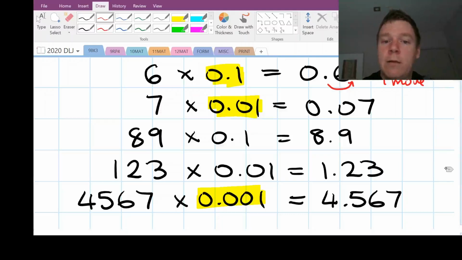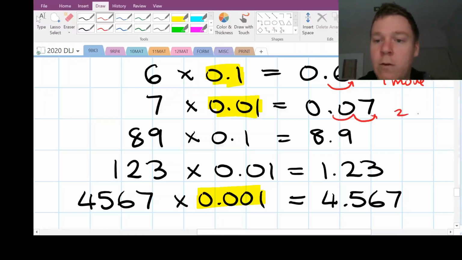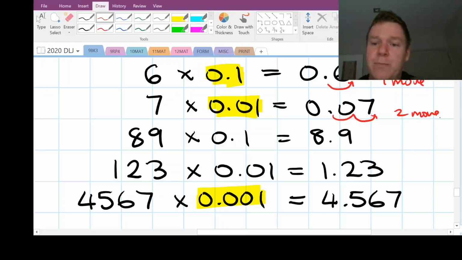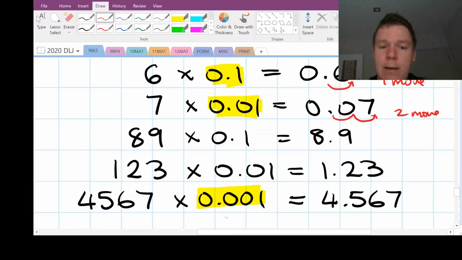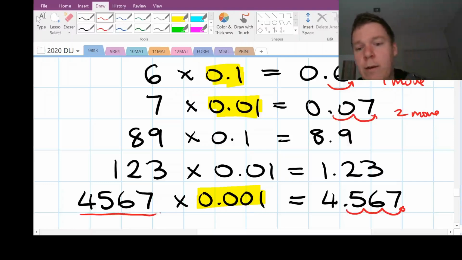Multiplying by 0.01 has the effect of moving it twice, 2 moves. So this can be important because we can split that out and go back to a normal multiplication problem. This one at the end, 0.001, it moves the decimal point 1, 2, 3. So then you're back to your original 4, 5, 6, 7 instead of 4.567.